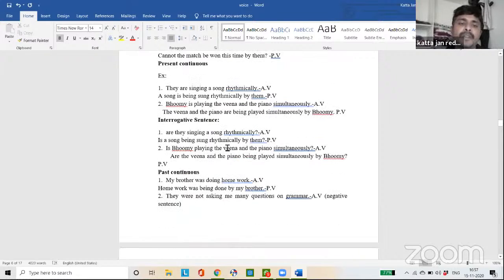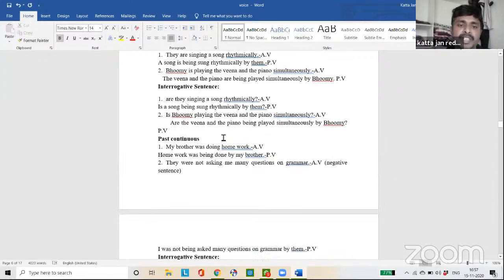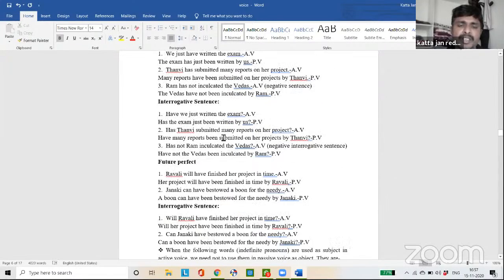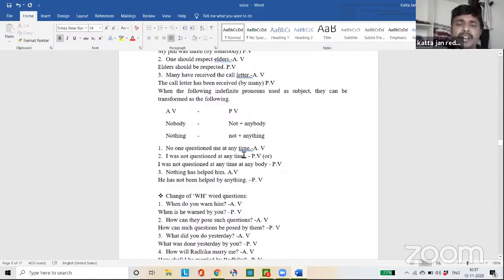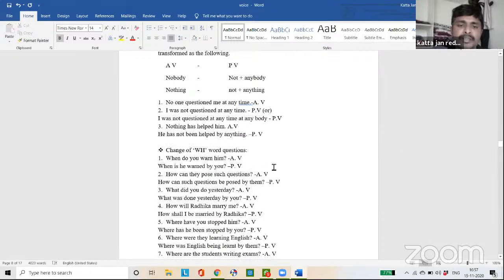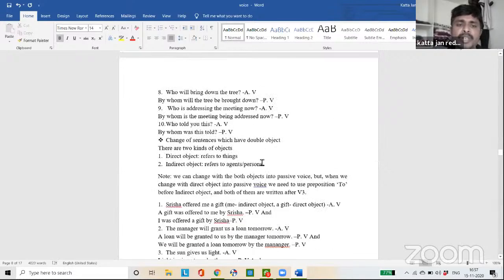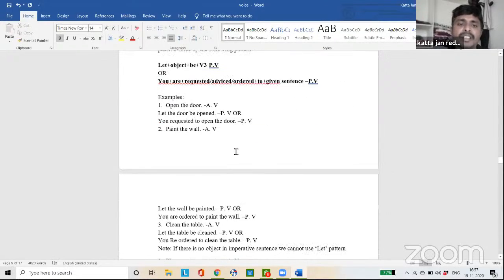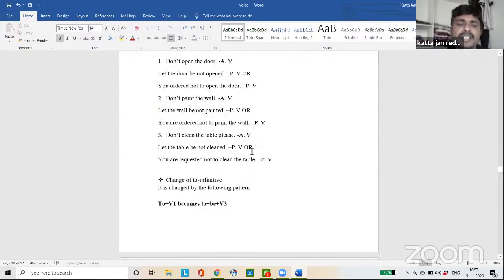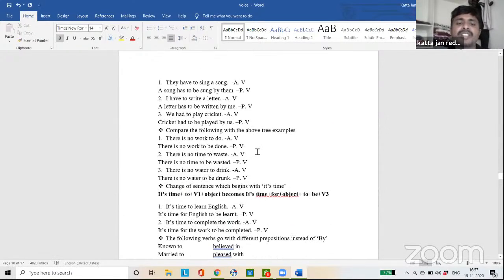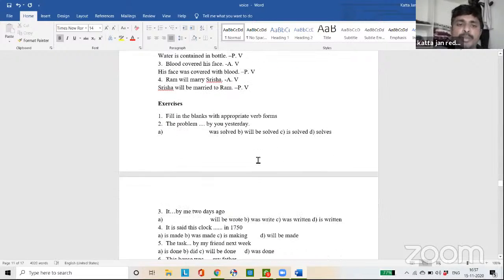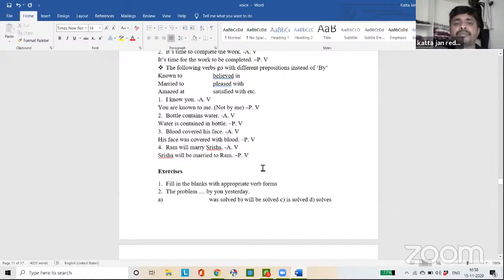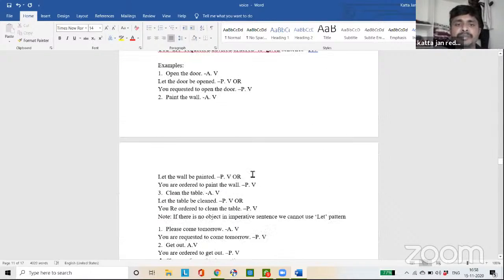After completing past continuous, present continuous, present perfect, from here onwards, actual changes will begin. So these are critical to understand and to answer. These are the extra patterns or structures we have to use to change an active voice into passive voice up to this.